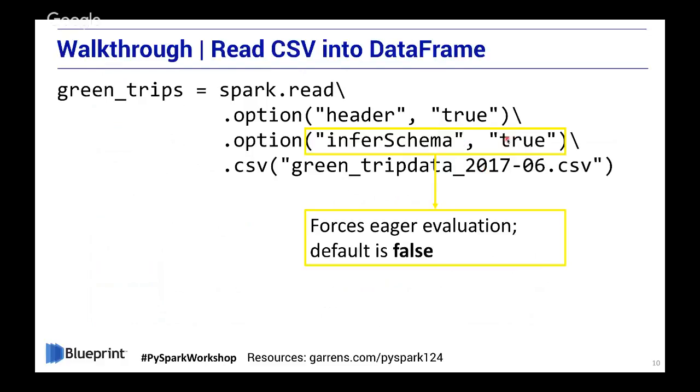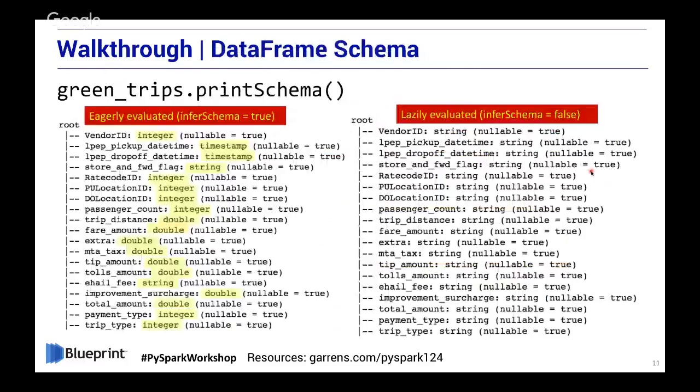But when we tell it to infer the schema, we actually want it to figure out the exact data type that each field is. And so that means it's going to have to actually read through this file to understand what data types are in each column.